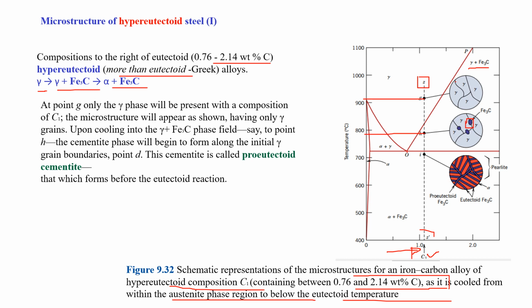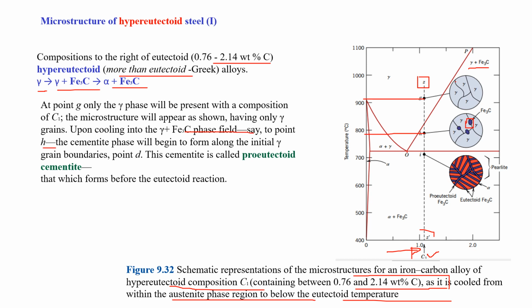We call this pro-cementite, meaning before cementite in Greek. Proeutectoid cementite begins to form after crossing the line PO.